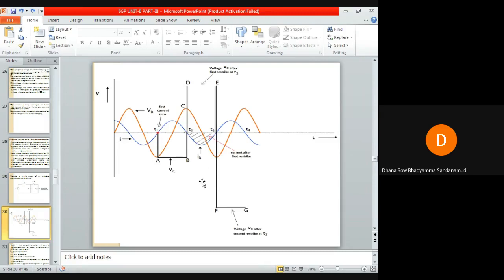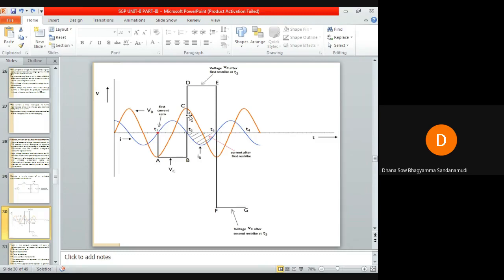So when circuit starts to oscillate, the voltage will fall down and again build up in the next cycle to 3 times VB value. Okay. So the restrike current IB reaches zero value, which provides an opportunity to interrupt. The line is charged to a voltage of 3 times maximum value of VB to earth after interruption of restriking current IB.